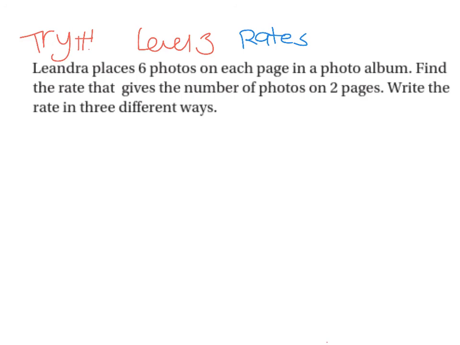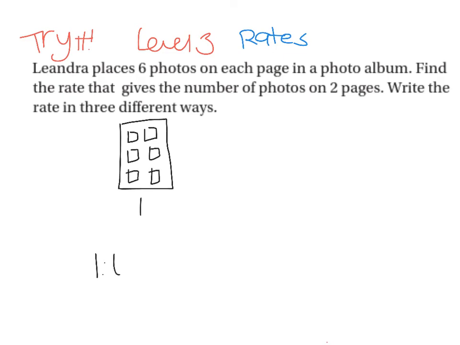Okay, so hopefully you tried the problem. I'm going to draw a little picture here. So if she has 1 page, she would have 6 photos. 1, 2, 3, 4, 5, 6 photos on the page. And that would be a rate of 1 to 6. But I want to know how much for 2 pages. So if she had another page, there would be 6 more photos.